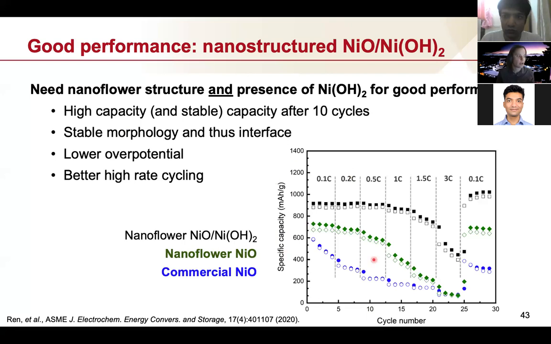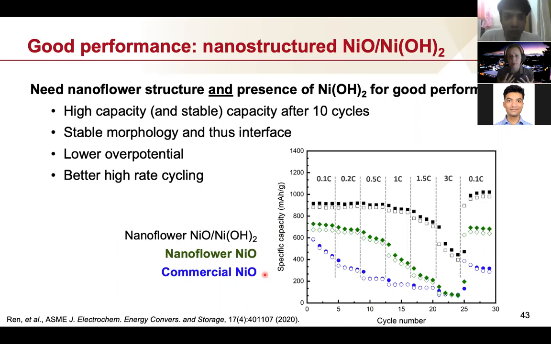And also we did higher rate studies, and we can see that it also cycles better at higher rates compared to the nanoflowered structure of just nickel oxide and the commercial material. So using a combination of X-ray techniques and electrochemical techniques, we're really able to explore why this material is so much better than the other two.